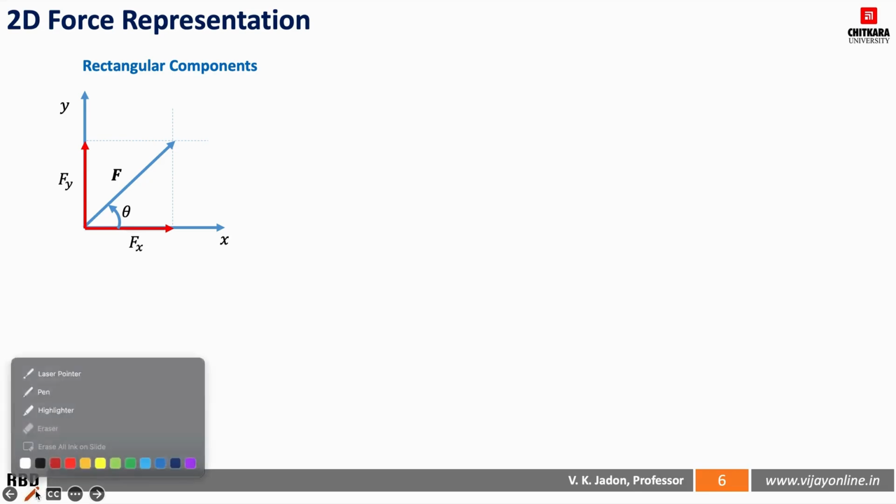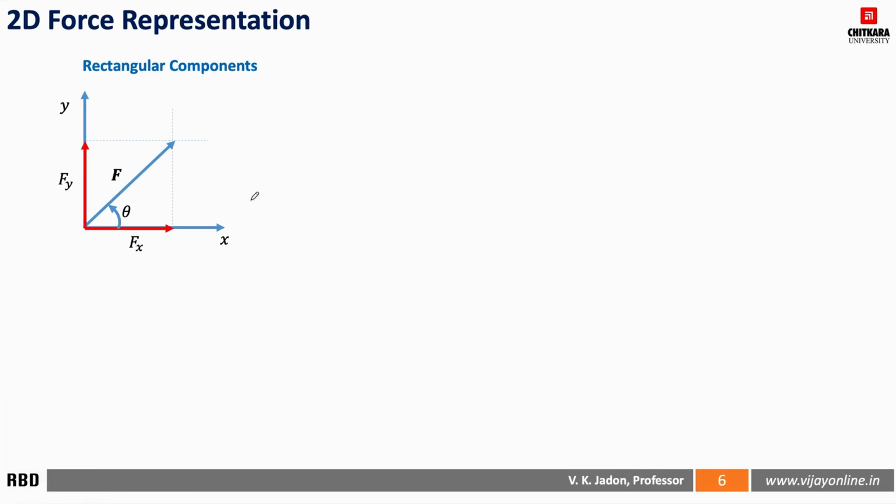A force can be represented in two ways. First is the rectangular component. We can have the force F and resolve this force F into x and y components. Fx is the adjacent component, that is Fx would be equal to F cos theta and Fy will be equal to F sin theta.